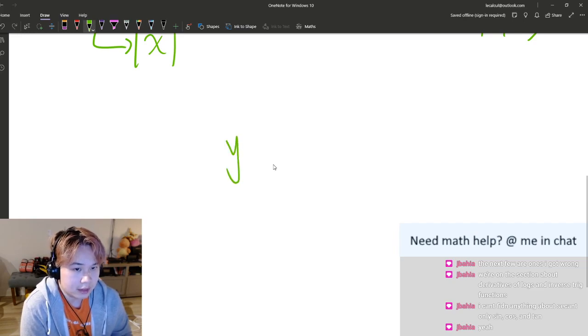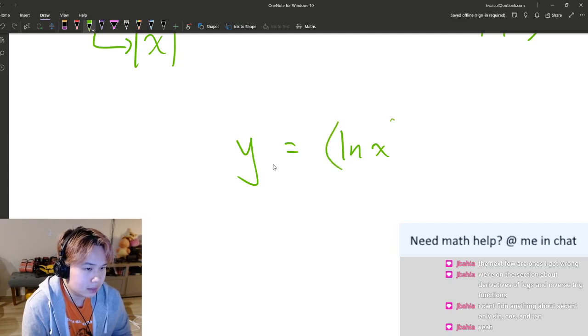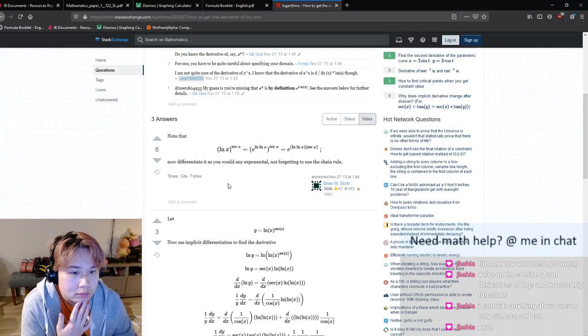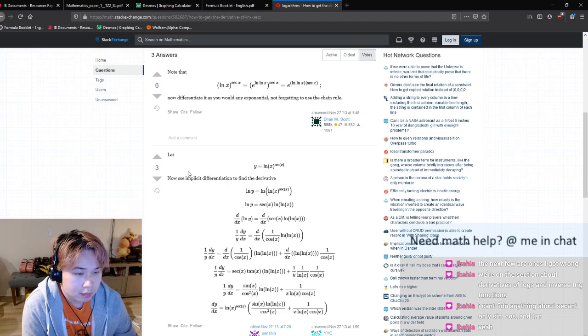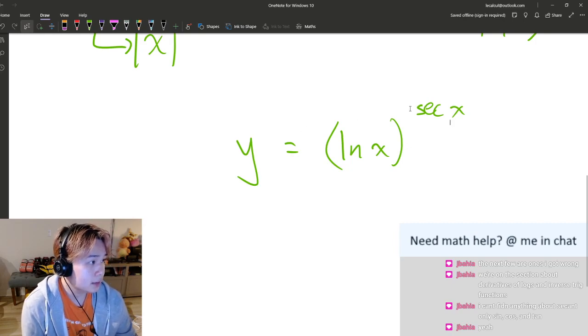Okay, so we have y, and then natural log. And honestly, I don't know if this is going to be the right way to do it. But what we can do is, this is the issue.